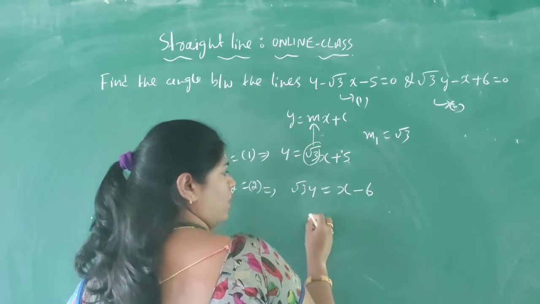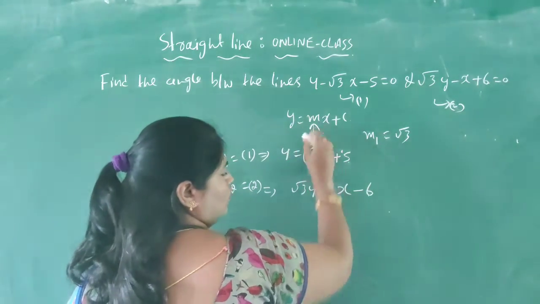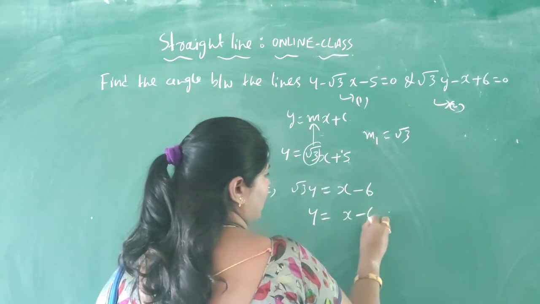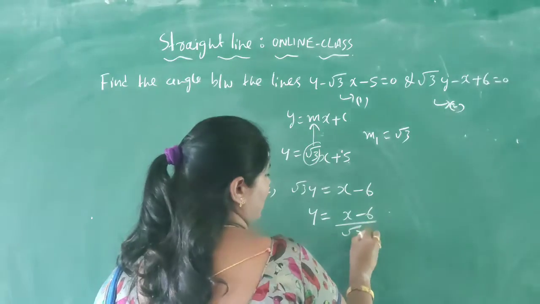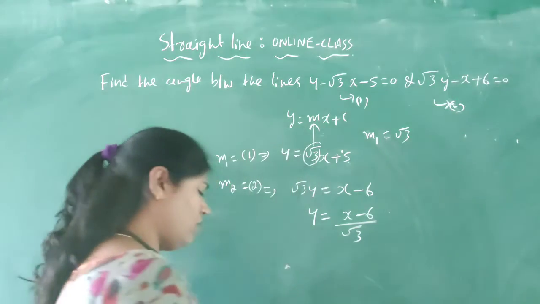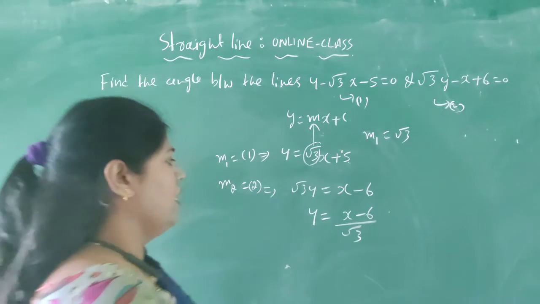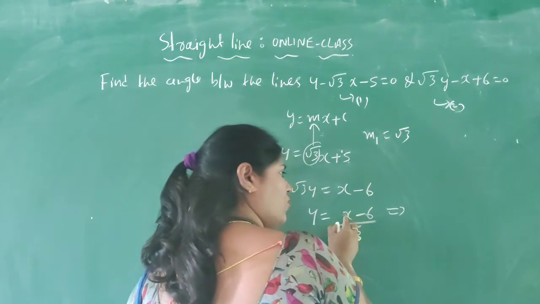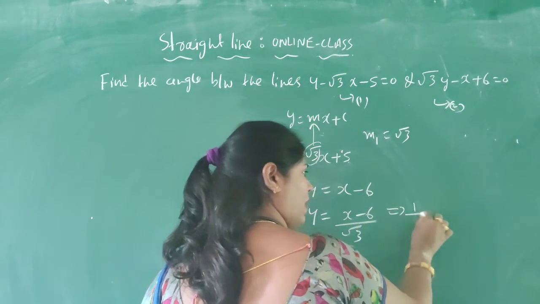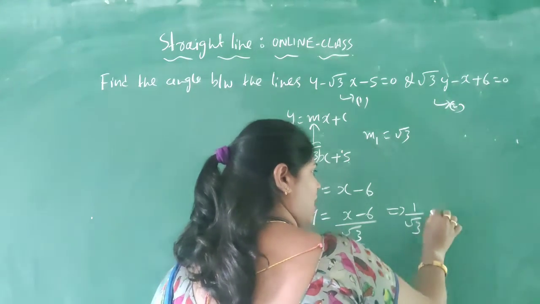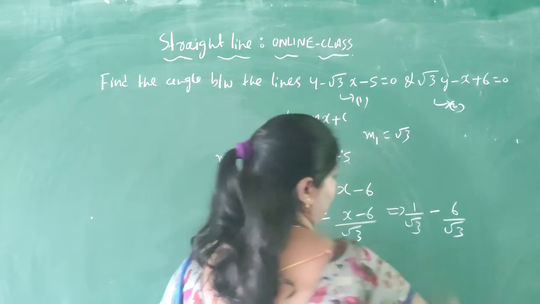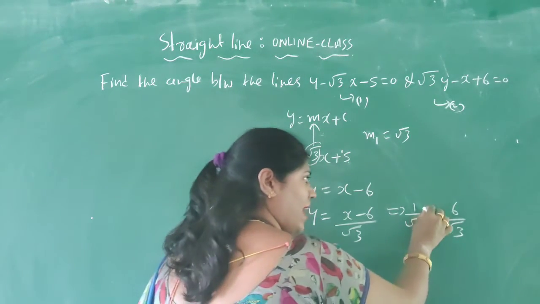Then in terms of y we have to write y is equal to x minus 6 divided by root 3. This can be written as: the coefficient of x is 1, so 1 divided by root 3, minus 6 divided by root 3, into x.